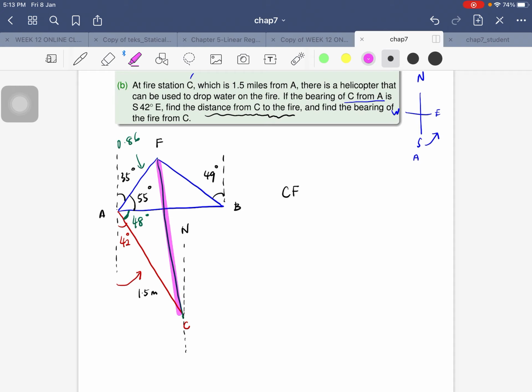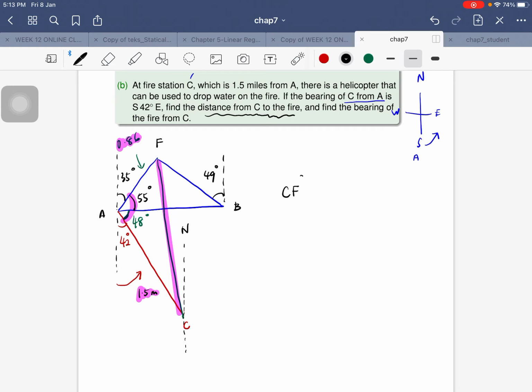We already know two of the sides of the triangle, which are 0.86 and 1.5, and I can add up the two angles to find the angle that is opposite of CF. For this case, we cannot use sine law, we have to use the cosine law.